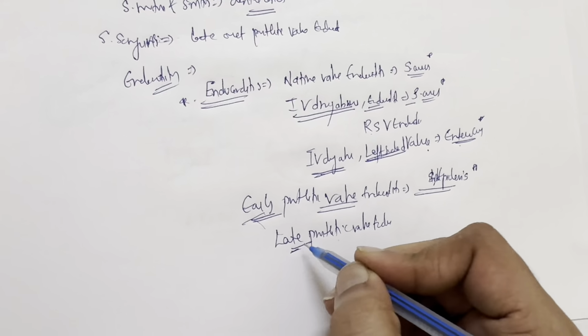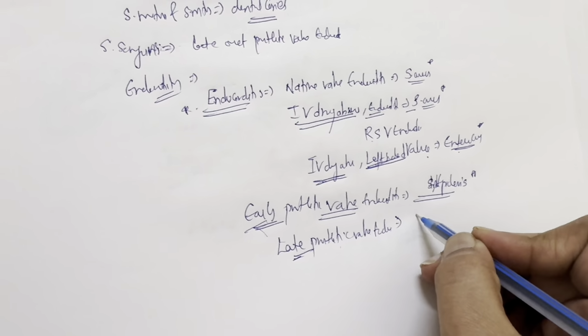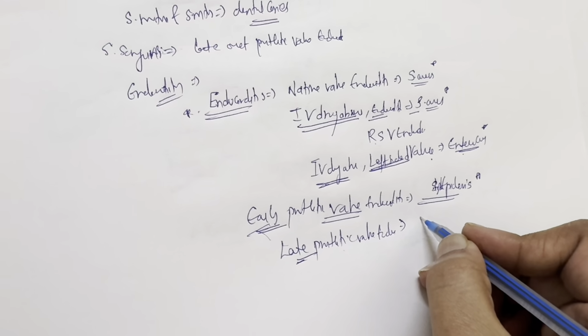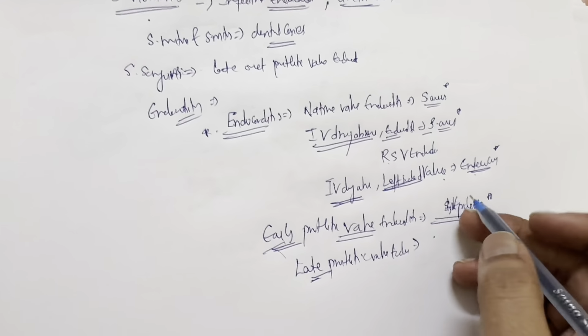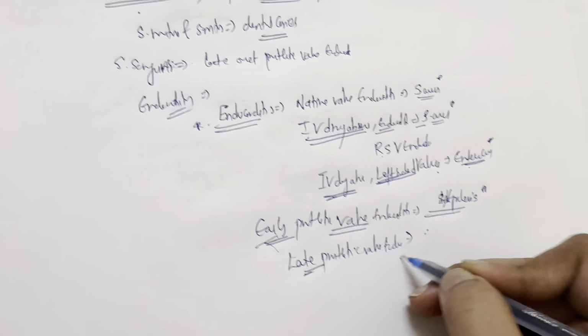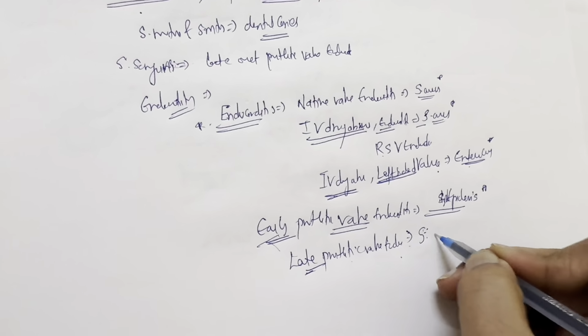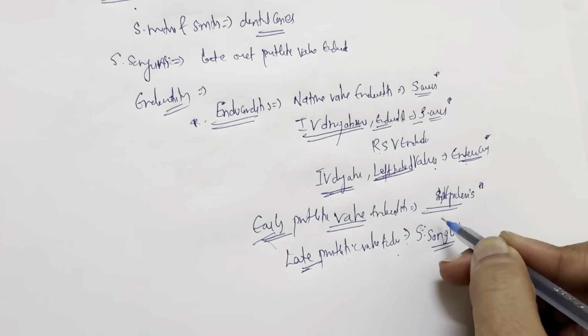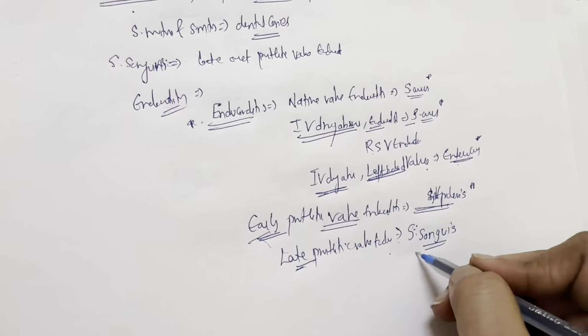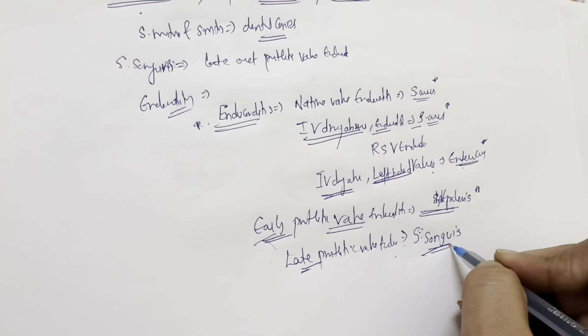Early and late refer to the time after a prosthetic device is placed, and then there's prosthetic valve endocarditis through this prosthetic device. That's all. If there's late prosthetic valve endocarditis, the organism is Strep sanguis. So I hope you remember Staph epidermidis and this Strep sanguis.